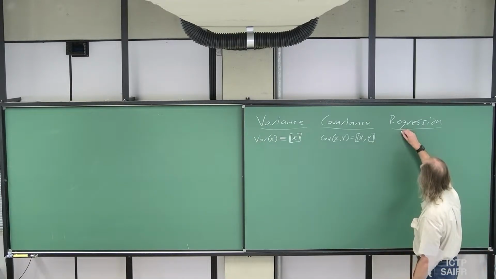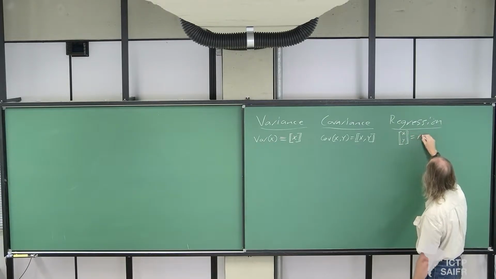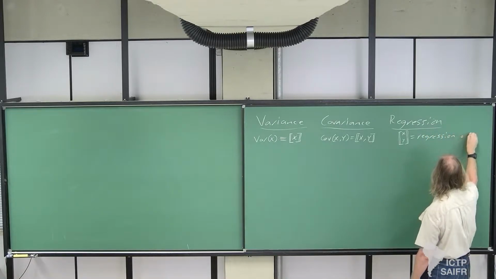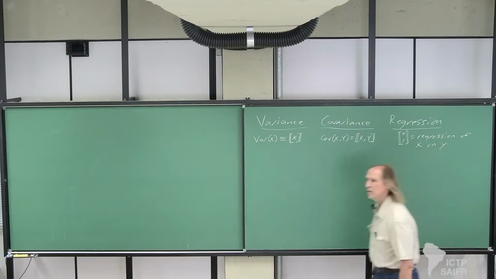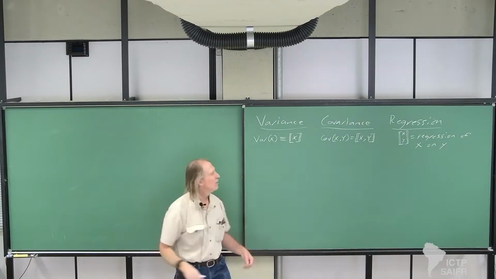I'll write them by stacking them. Double bracket x on y. That'll be the regression of x on y. That's the way it's written in statistics when people say it.